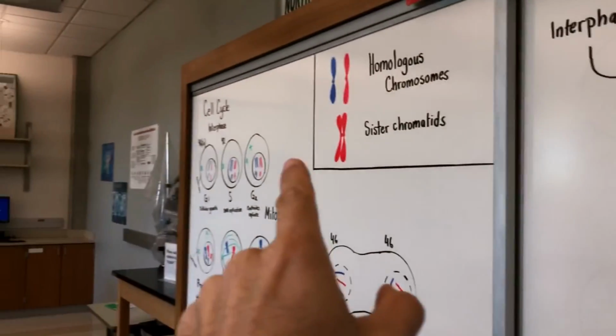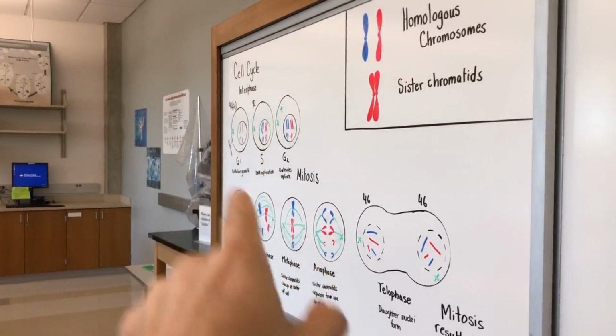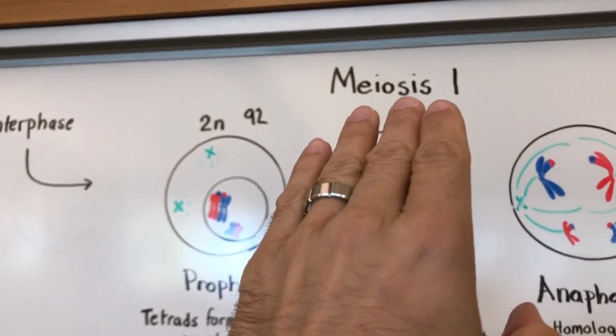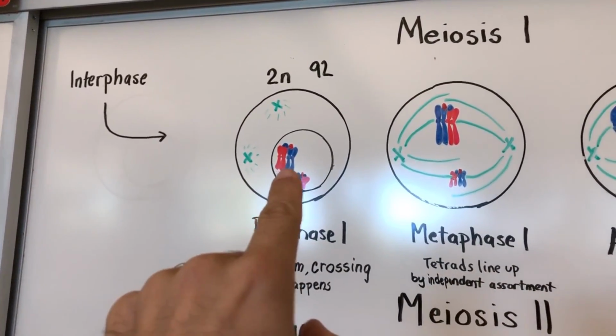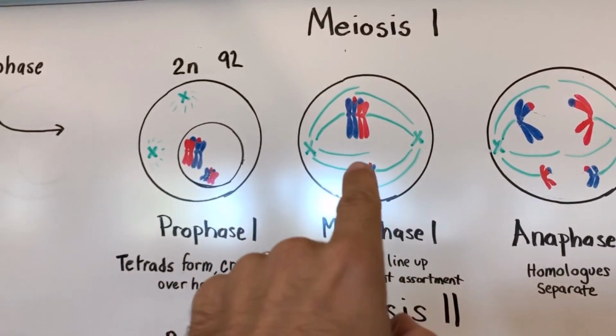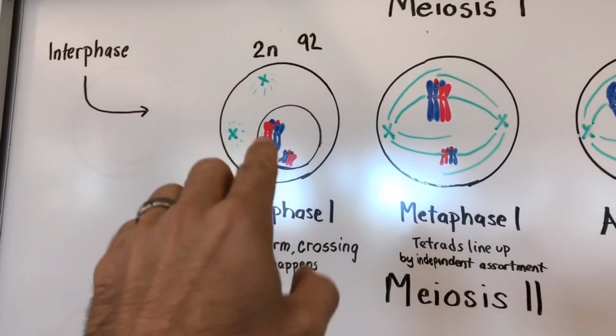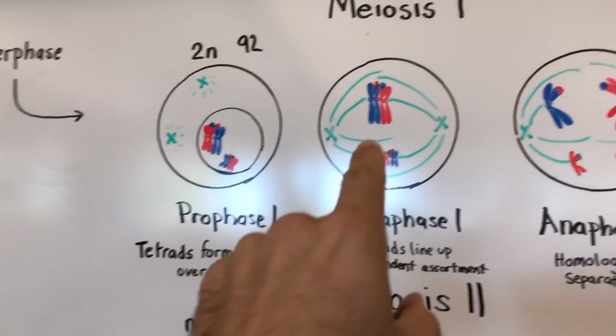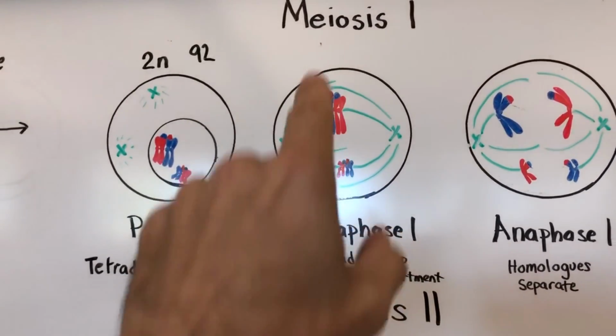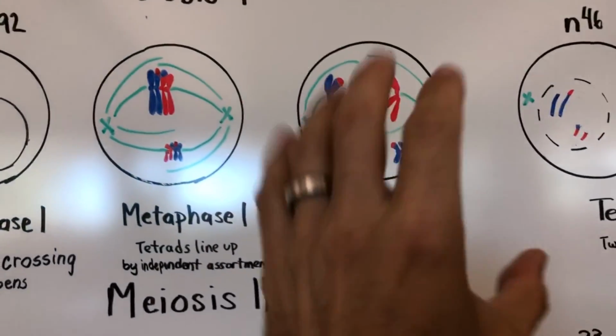Well, that's pretty much what was happening during mitosis over there. Whereas in meiosis I, tetrads form, tetrads line up. Oh, tetrads formed and did crossing over, which is different. Tetrads lined up with independent assortment, and then homologs separated. That's completely different than what happened during mitosis over there.